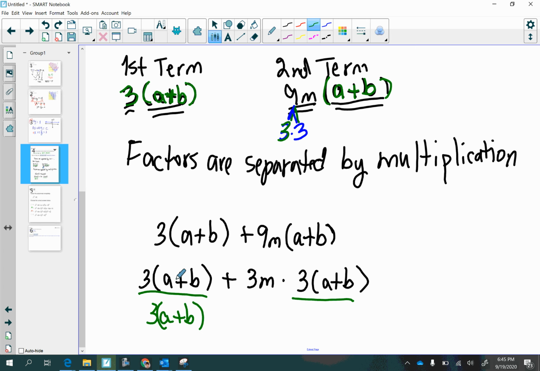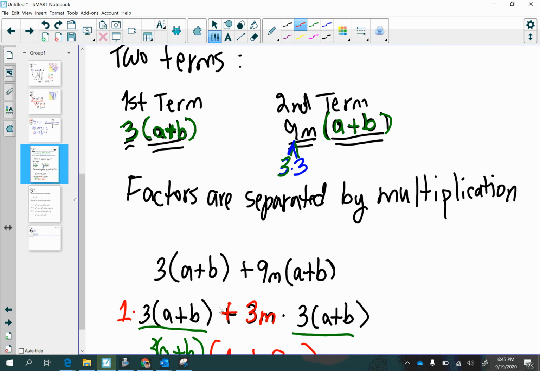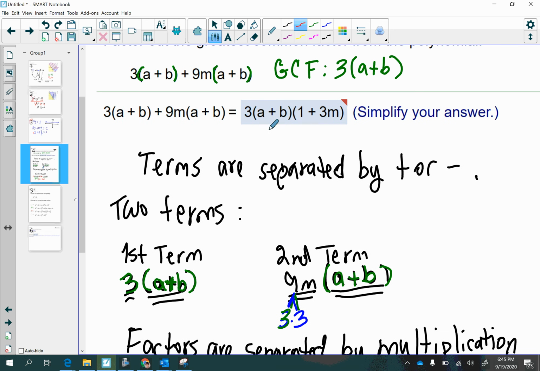And then when I take that out of the first term, the only thing left in the parentheses will be 1. Then the plus sign here. And then the 3m. Okay, so just picture a 1 here. So that is why the answer makes sense.